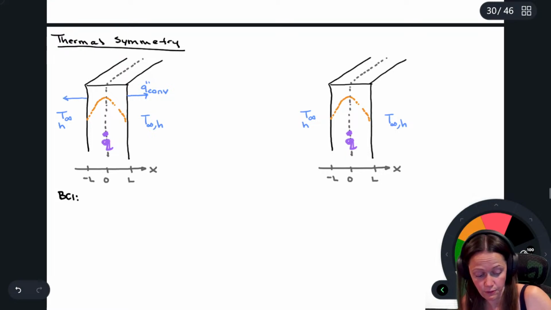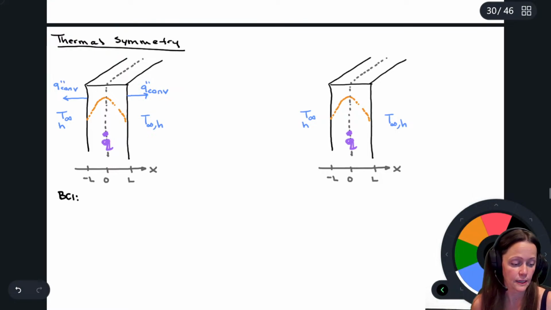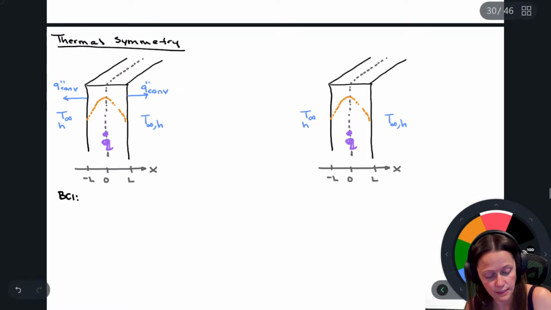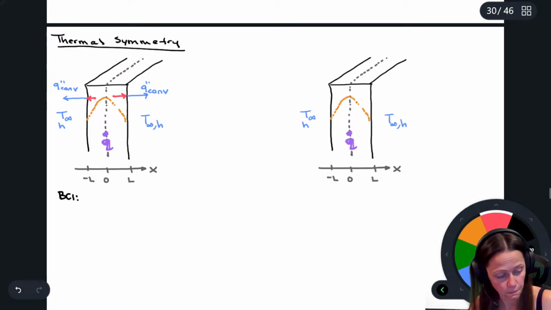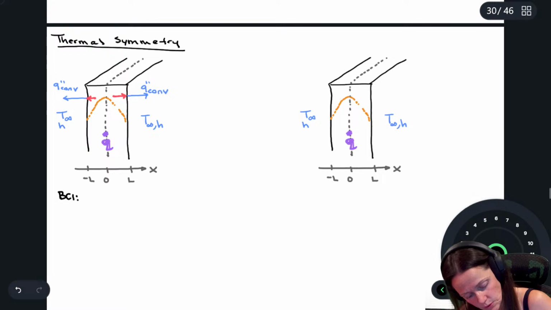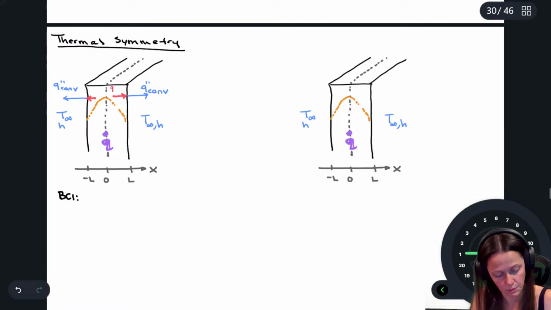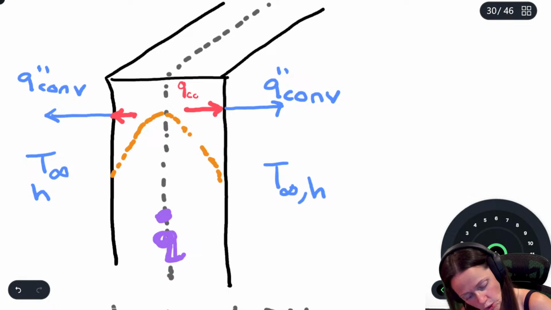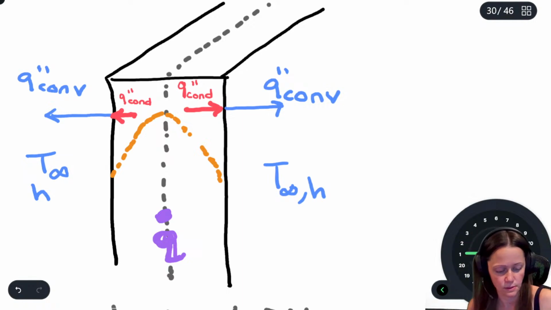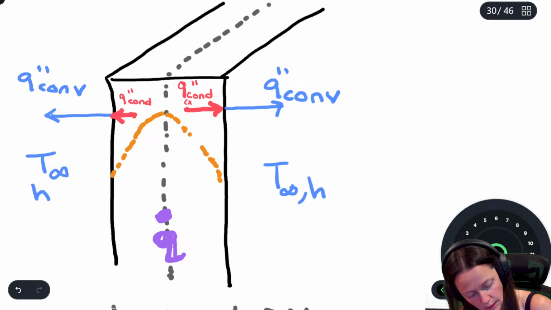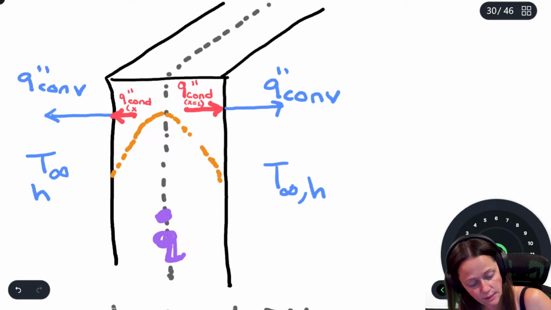I'm also going to have Q convection going out right there at x equals negative L. If I did a surface energy balance, this would be my Q by conduction at x equals L. And on the left-hand side, this would be my Q by conduction at x equals negative L. This one is x equals L, and this guy is x equals negative L.